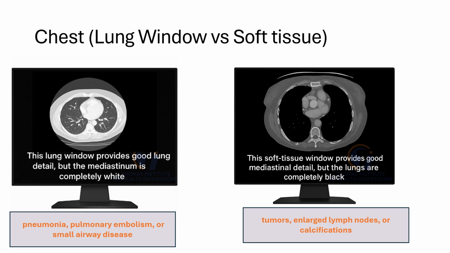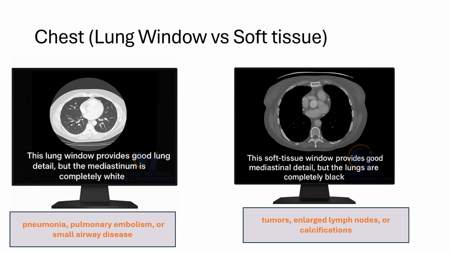Next, with the same data, the radiologist then switches to a soft tissue window. Now the focus moves away from the airways and towards the heart, liver, and great vessels.